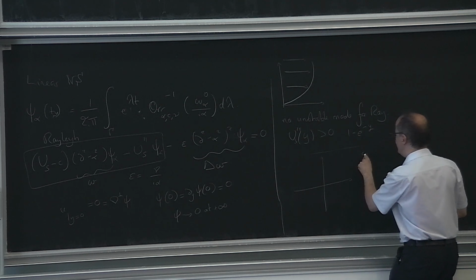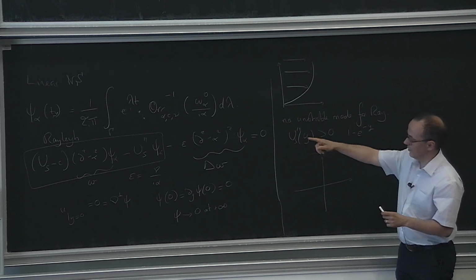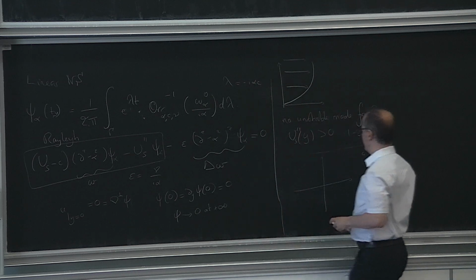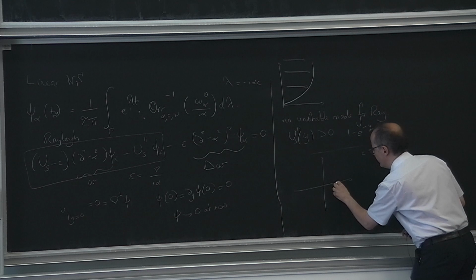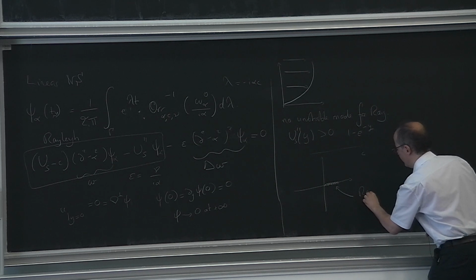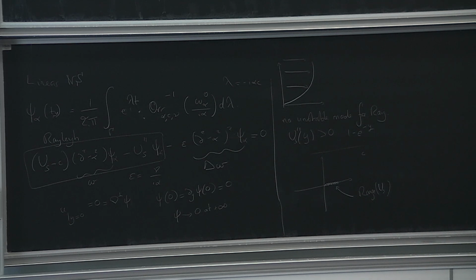So we are in the C space. So C is related to lambda by a factor. You know that you have some continuous spectrum, which is the range of US, and you have no eigenvalue. So this is for Rayleigh.